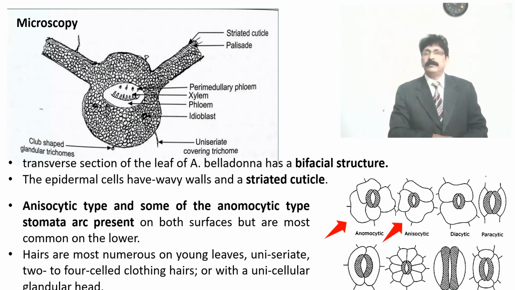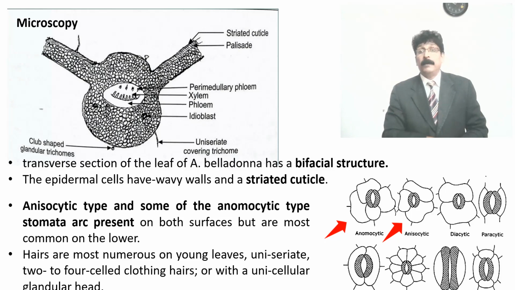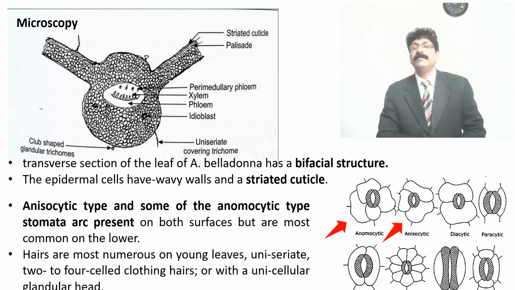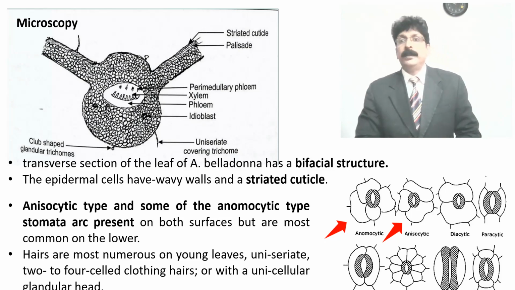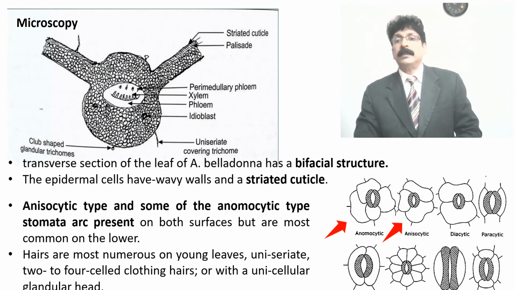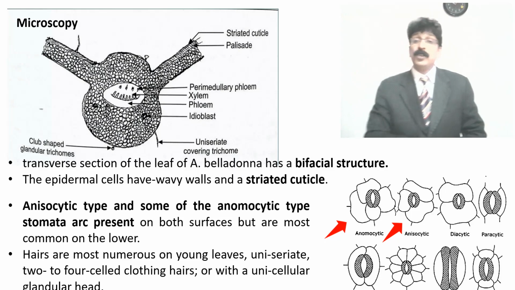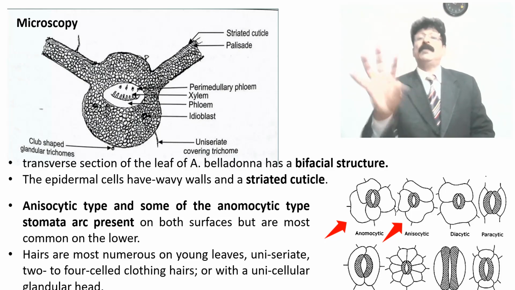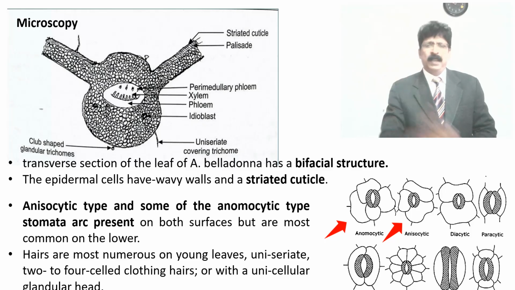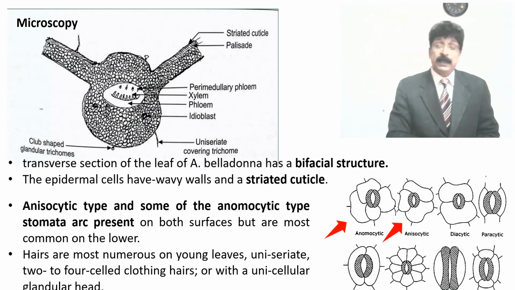Those are the epidermis cells surrounding the stomata, 3 cells. Anisocytic. Anomocytic also has 3 cells, but additionally 1 more cell will be there. Both are similar. So these types of stomata are present in both the upper epidermis and the lower epidermis of the structure.